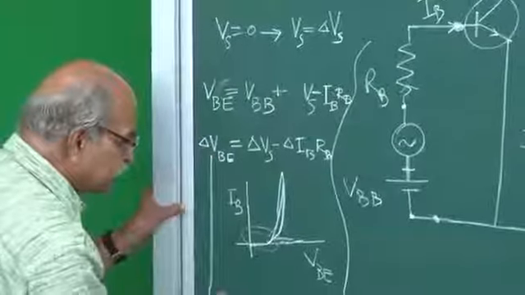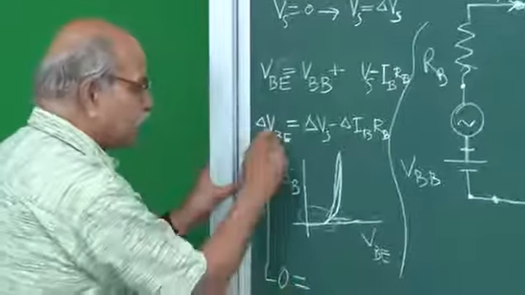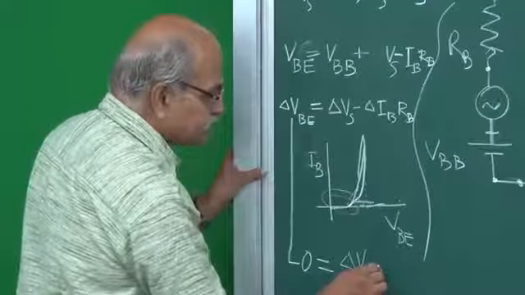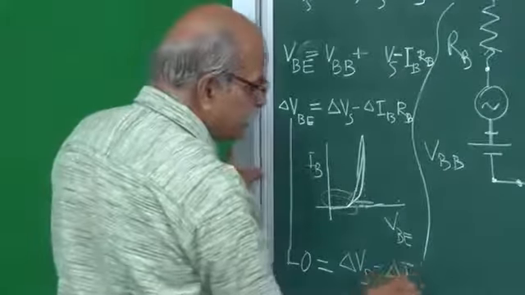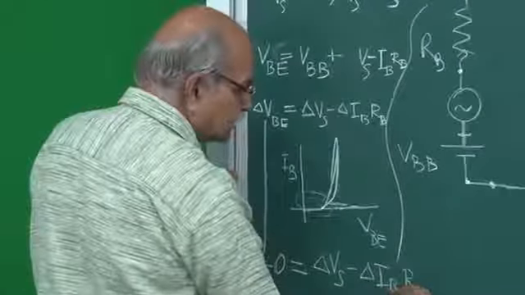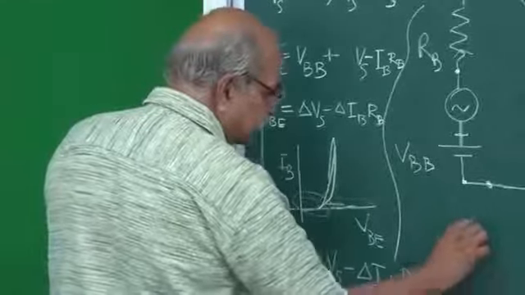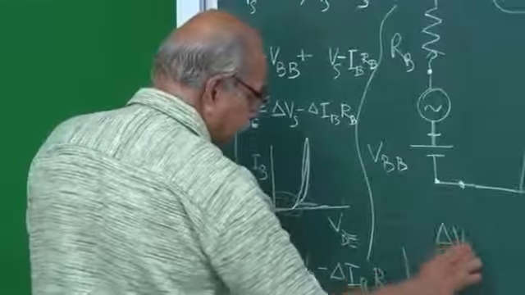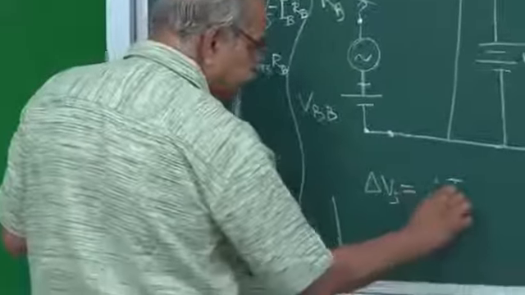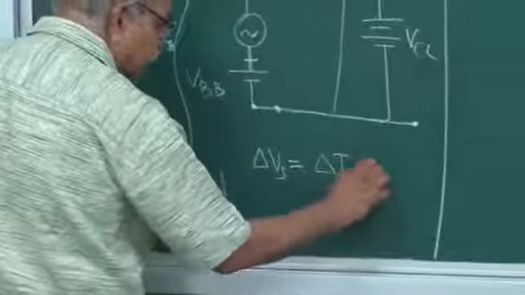And the same thing you can write from here also. If you take this as very small and write it as 0, then you have 0 equal to delta Vs minus delta IB and RB. So delta Vs is equal to delta IB into RB.